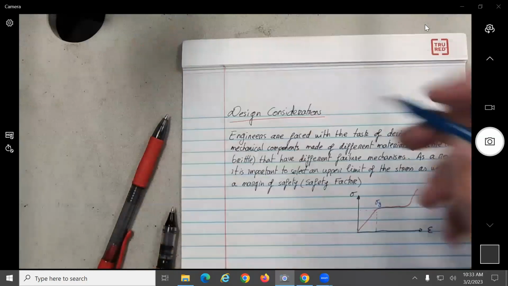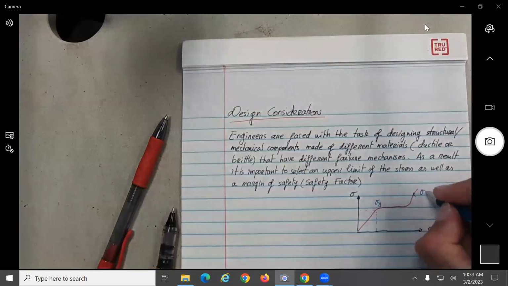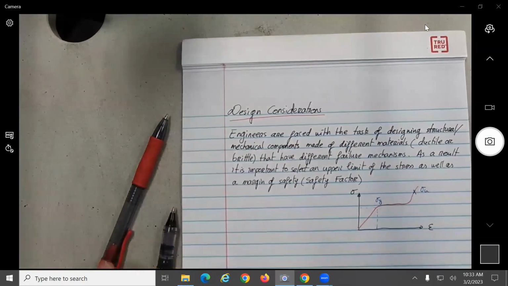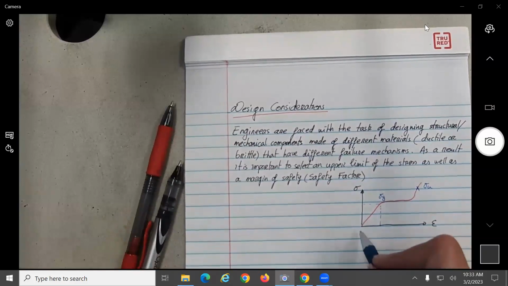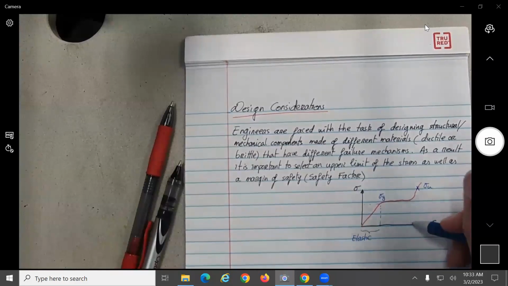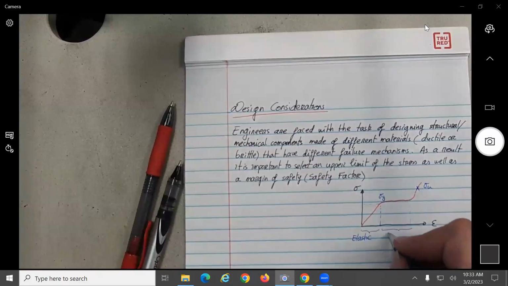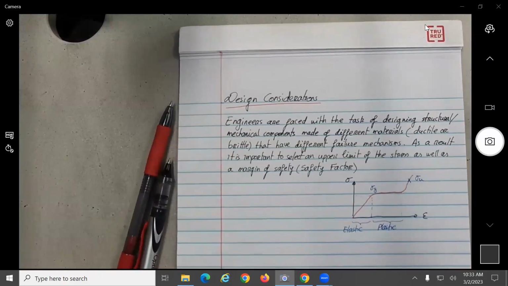This will be the, let's say, the yield. This will be the ultimate. What was the name of this area here? Elastic. The one over here. You can either say inelastic or plastic, okay? And so on.